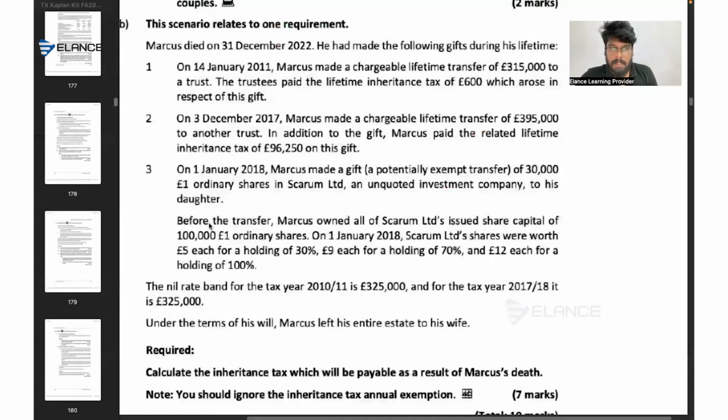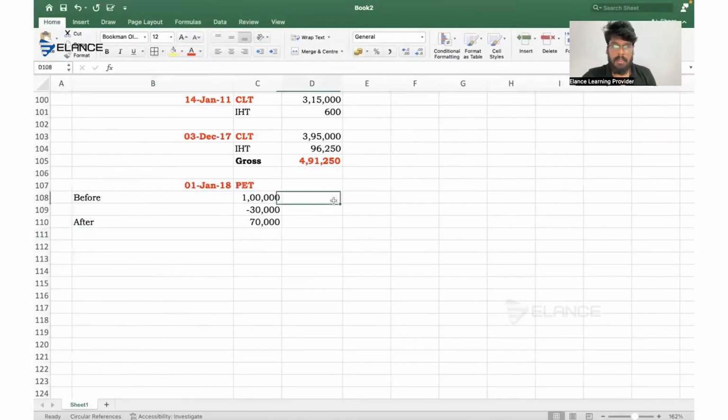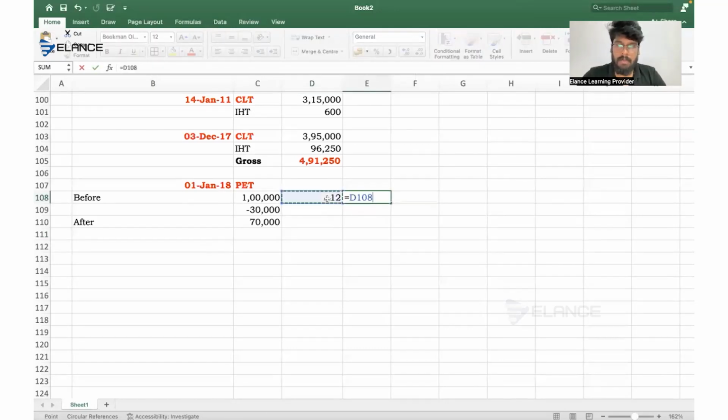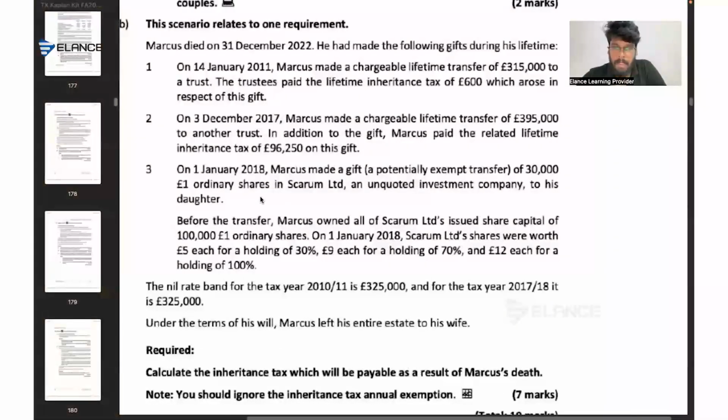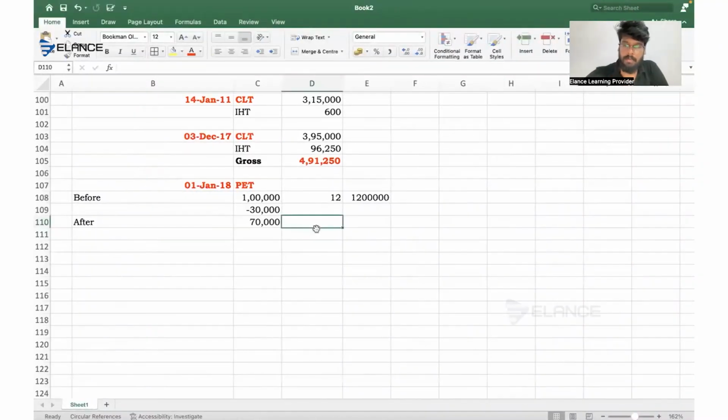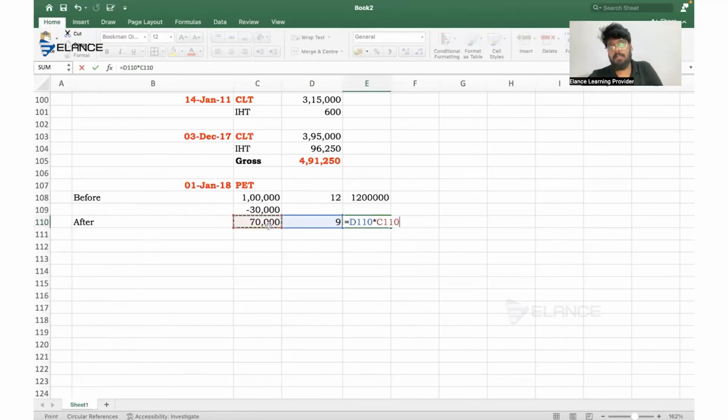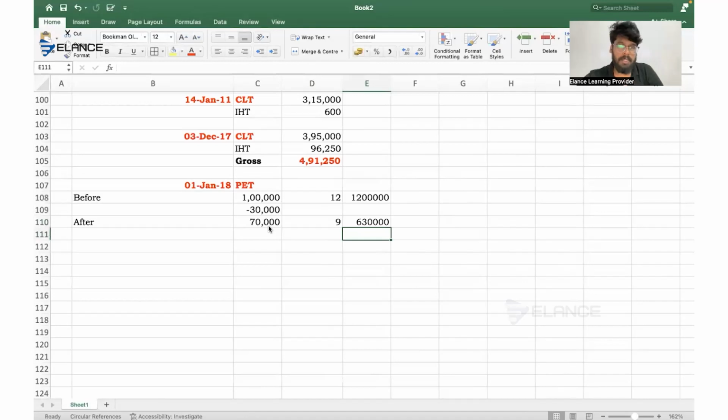If a person holds 100% of the shares in that company, each share has a value of 12 pounds. So before the transfer, its value is 12 into 100,000, which is 1.2 million. After making the transfer, he is only holding 70%. If a person holds 70%, the per share value is 9 pounds. So 9 into 70,000 is 630,000.